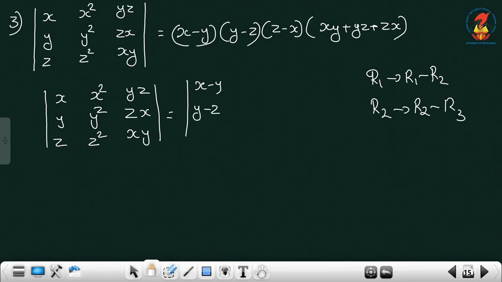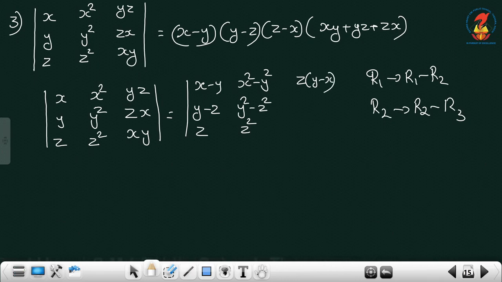Y minus z, x square minus y square, z square. Here R1 means R1 minus R2, z is common, y minus x.